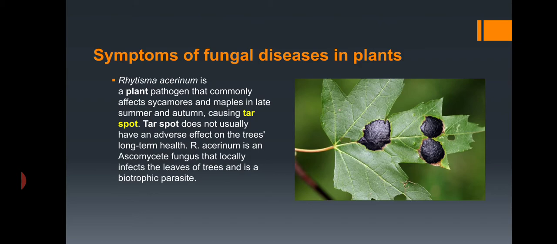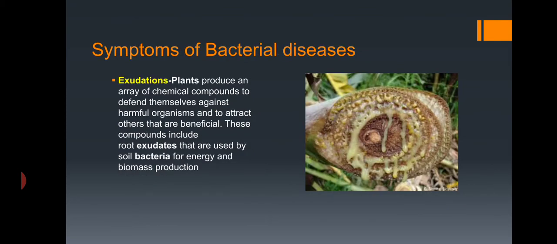It appears less like a parasite and will not spread over the whole leaf, so it is normally not causing any severe harm, but anyway you should study the tar spot. It is a fungal symptom. Okay, with this we completed the fungal symptoms.